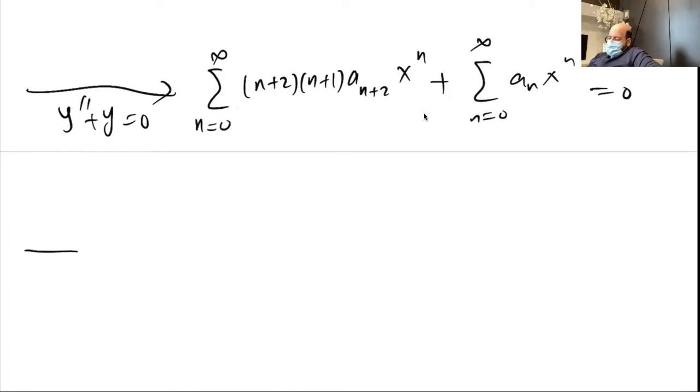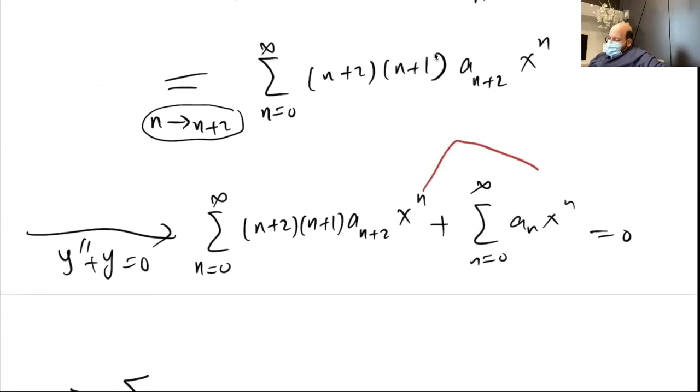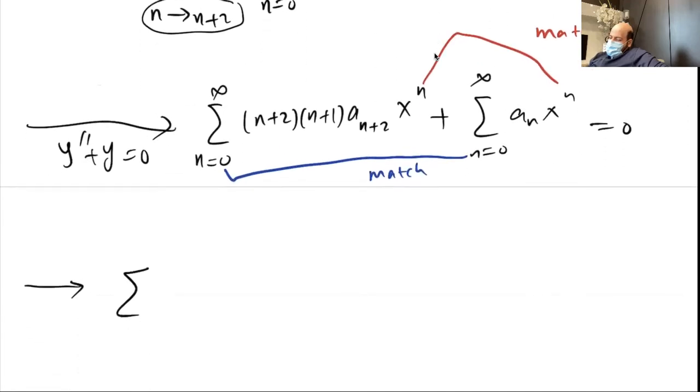So I can combine these terms. All of them are x to power n here, so these powers match. And these indices also match. So then that means I can just combine them.